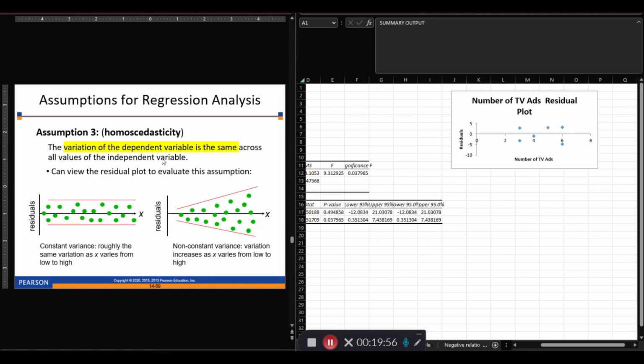Then assumption number 3 here, the residuals. If we come back to this, they're going to look like this, and that's going to be one of the violations for the results that we get from a regression analysis. So this is an indicator that raises a flag, and we shouldn't really take the results of regression analysis seriously if we see it.